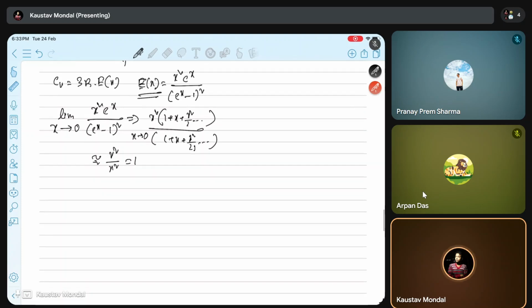So in the limit x tends to 0, CV retains the value 3R. That is nothing but the Dulong-Petit law, which is about 25 joule per kelvin per mole.